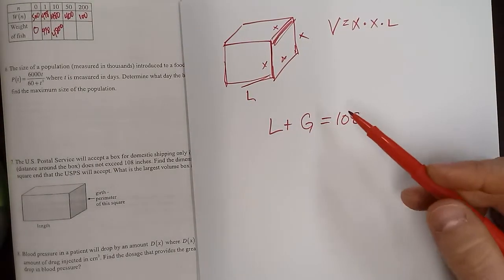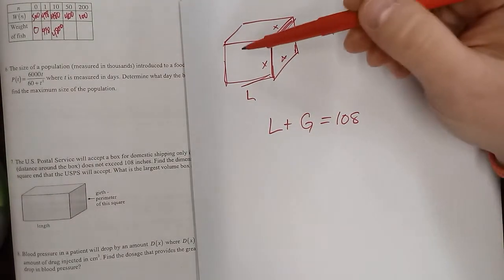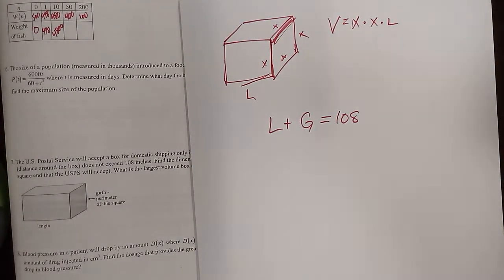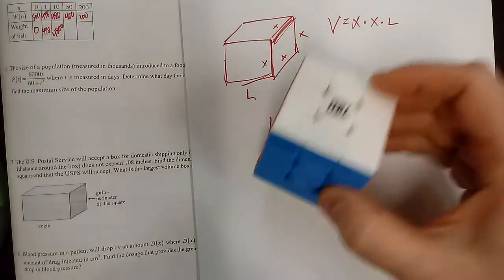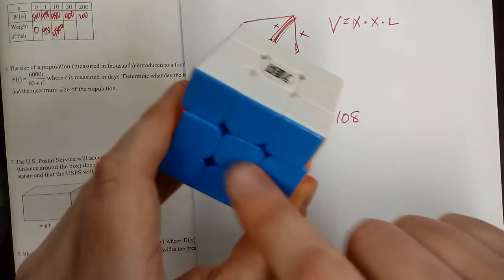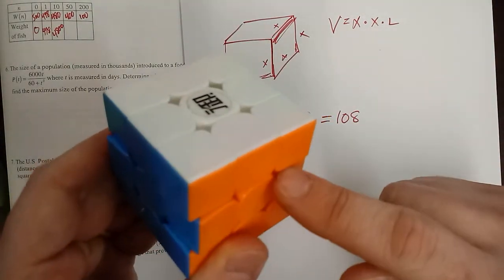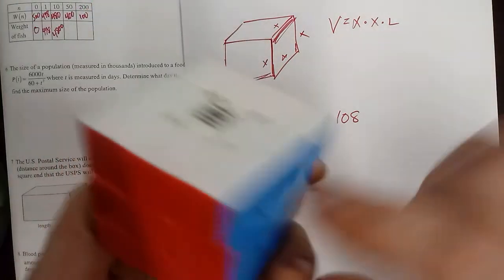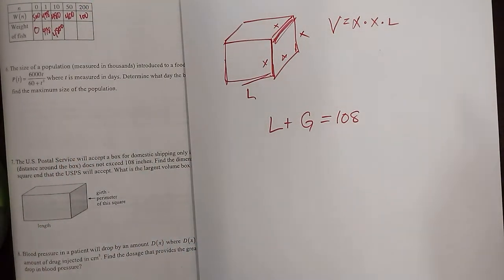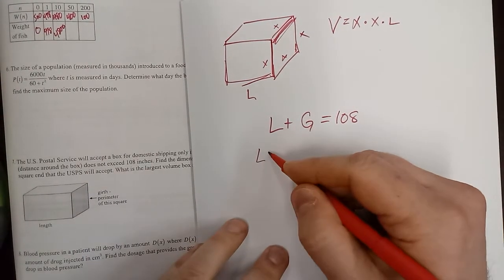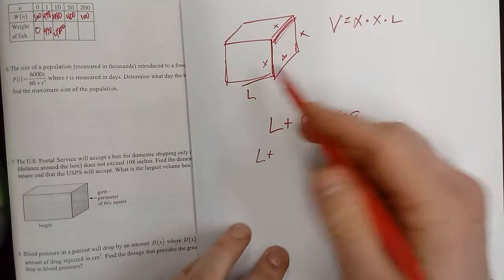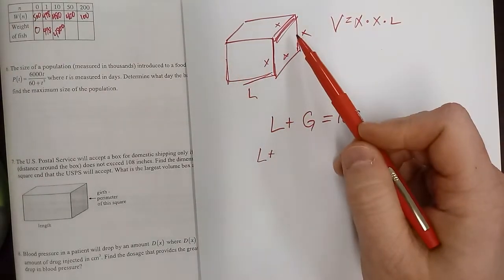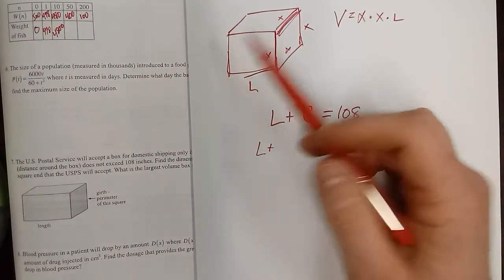It's not a circle, so I can't just be like 2 pi r. So if we think about this box that we're holding, we call this side L. Here's L here. Oh, it's just the perimeter of a rectangle, right? It's L here, it's X here, it's L along the back, and it's X along the side.